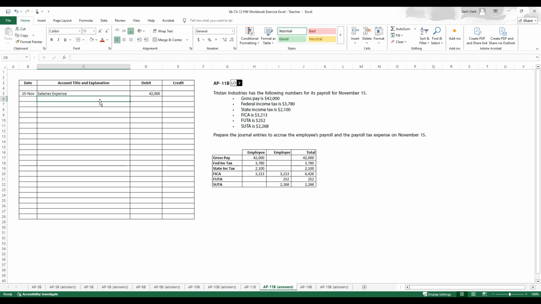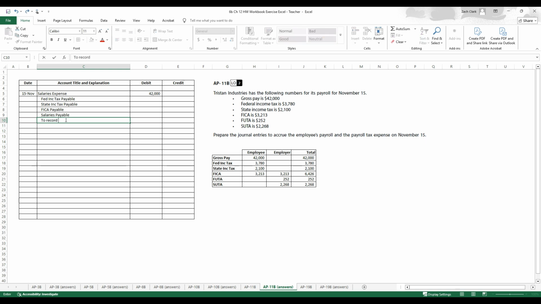Then we get federal income tax payable. We get state income tax payable. We have FICA payable. And finally, the residual portion that we're actually going to pay the employees is the salaries payable. So that's the actual cash, or the paychecks that the employees will receive.